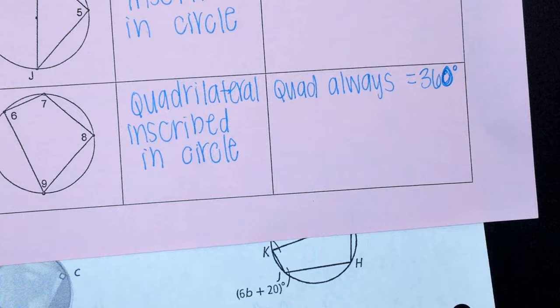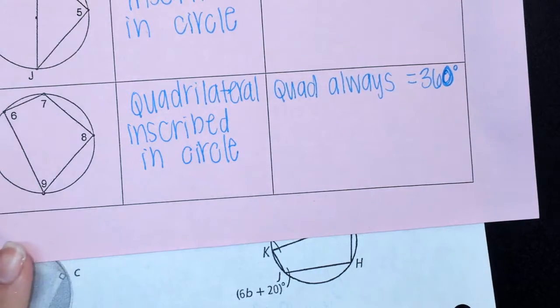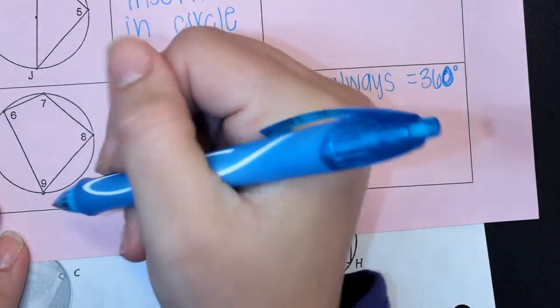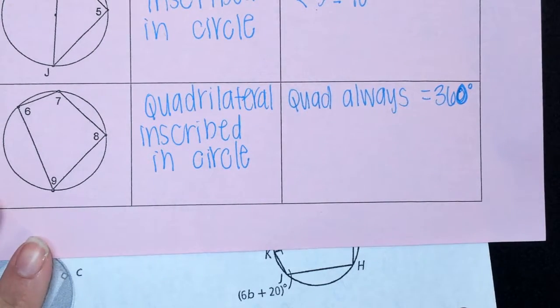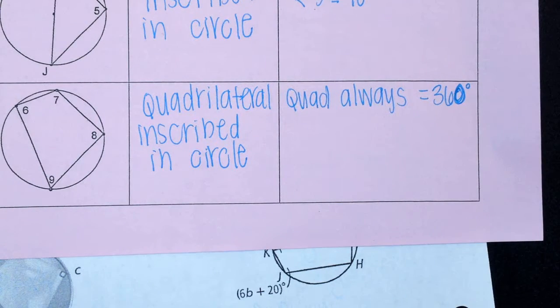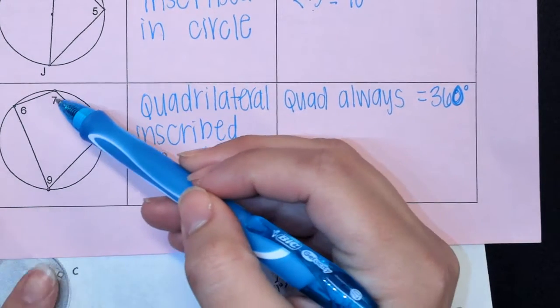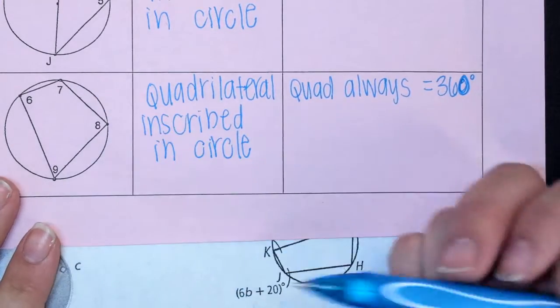Always equals 360. The thing that's important about this one, there are certain things that are important about all of these. Opposite angles are not equal. Opposite angles equal 180 degrees together. So they're not equal. Do not set them equal. They equal 180 together. So what angle do I need to add with 7? 9.